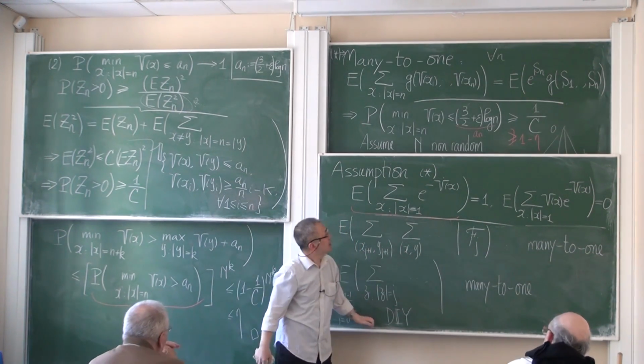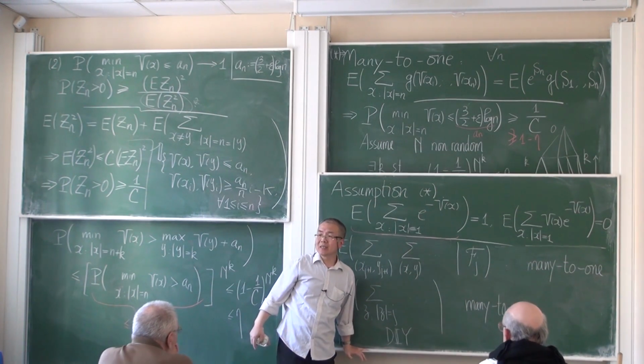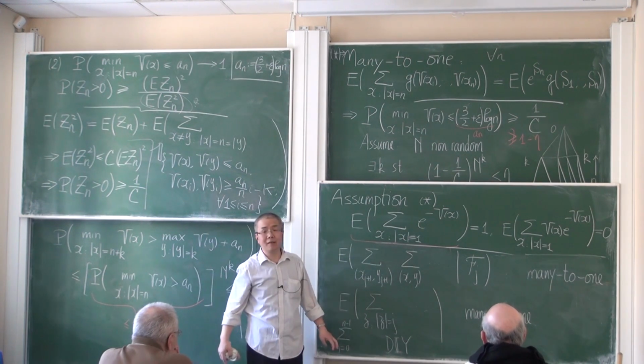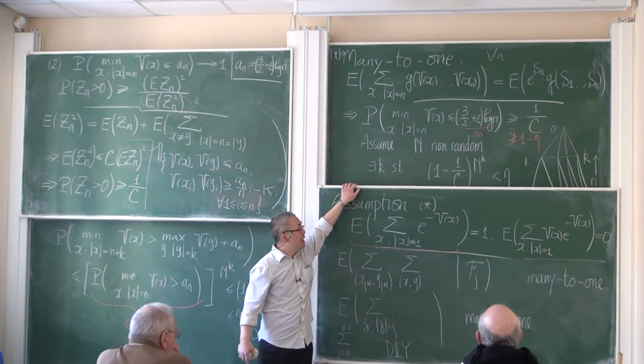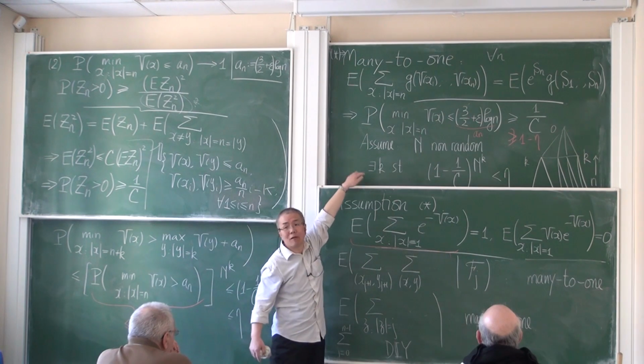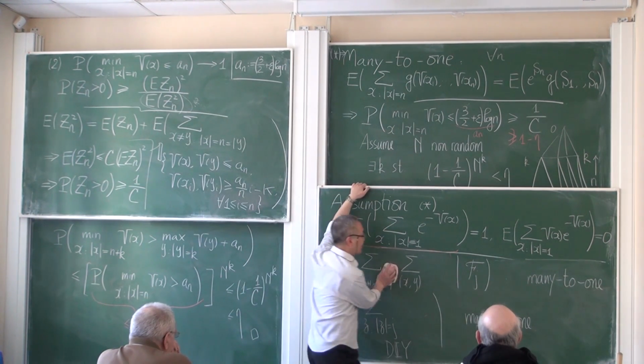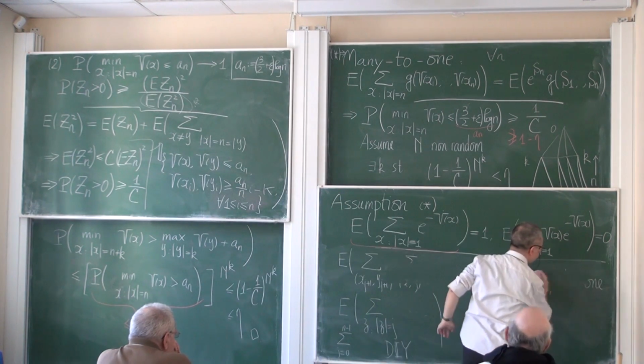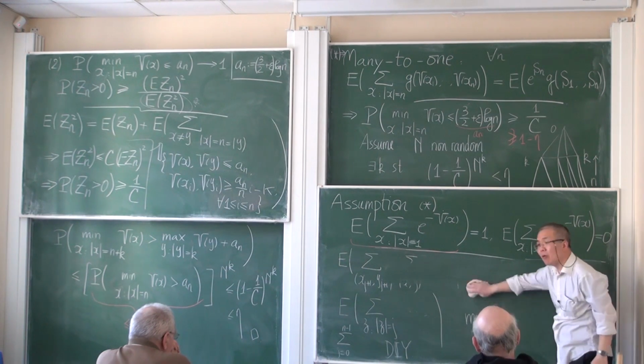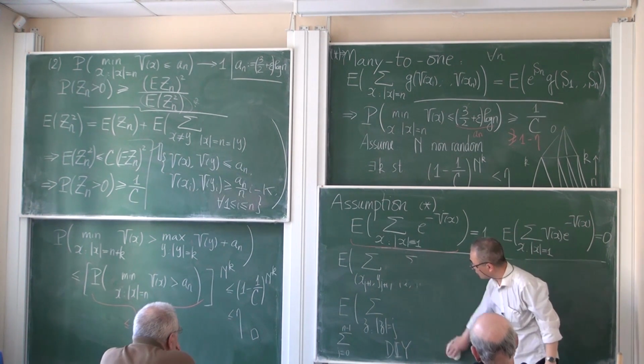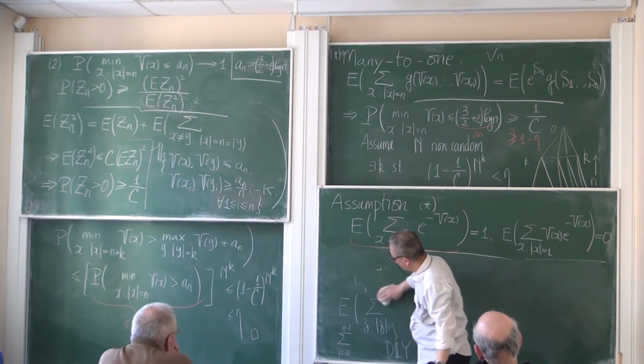Okay, so you see that we didn't use anything very sophisticated except this many-to-one formula. So I hope I have convinced you that the many-to-one formula is really what you need to know if you want to study branching random walk.